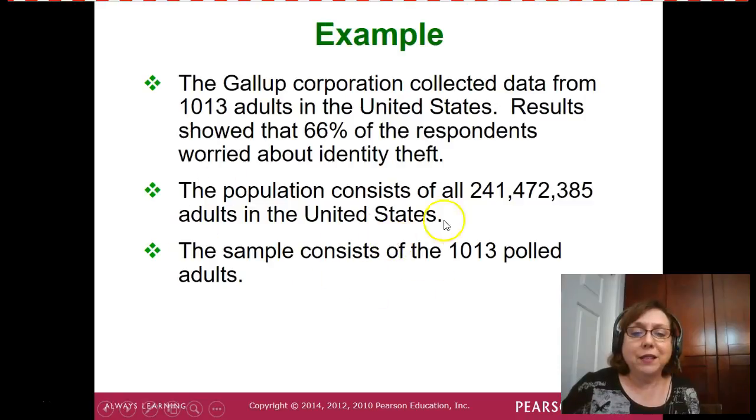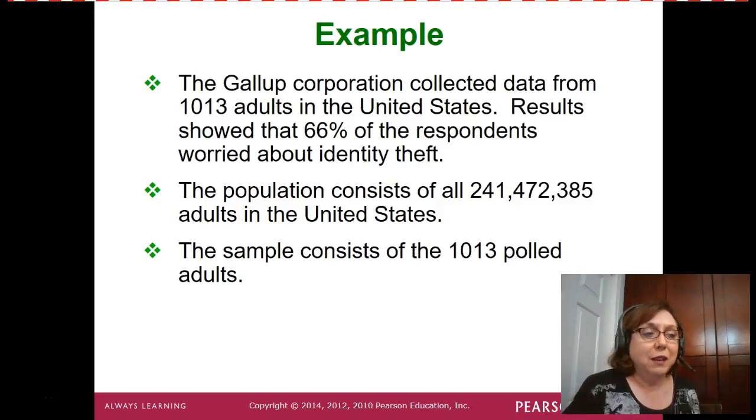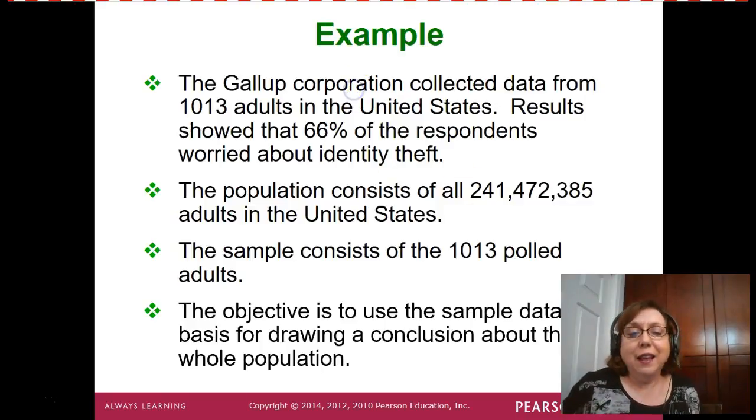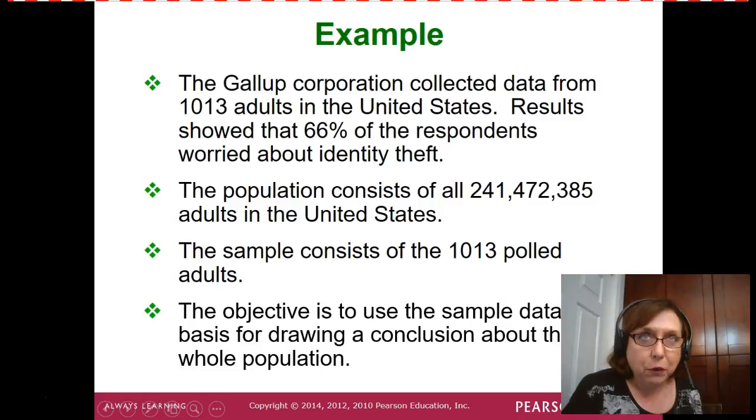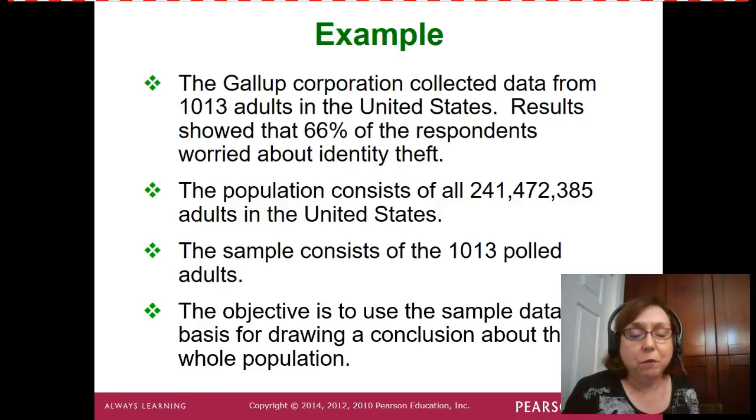The sample consists of the 1,013 polled adults. So from this Gallup poll, they took from the 241 million plus people in the United States, they only sampled 1,013. And again, the objective is to try to create a good sample that represents that population well, so that a conclusion may be drawn about the population.